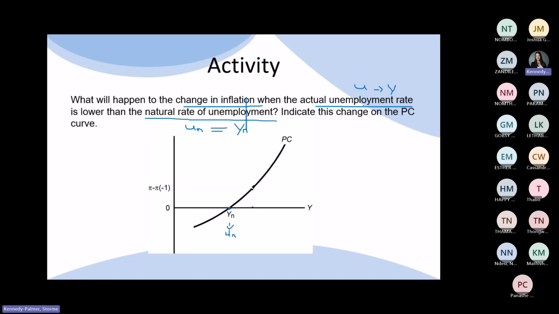So what will happen when the actual output is higher than the natural level of output and income?